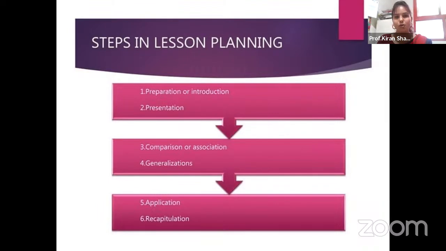So the first step is preparation or introduction. How do we introduce? Suppose I have to take a class on head injury.